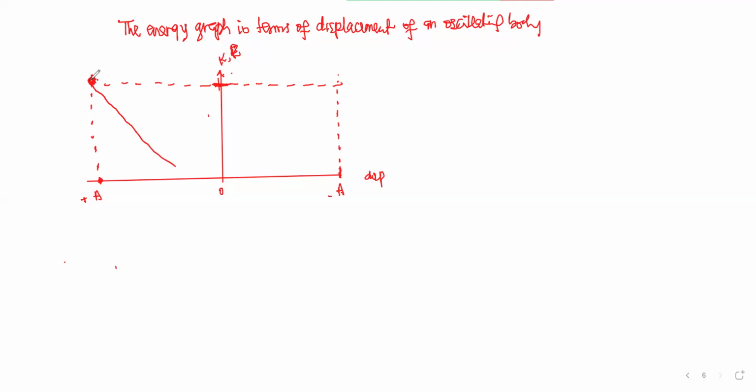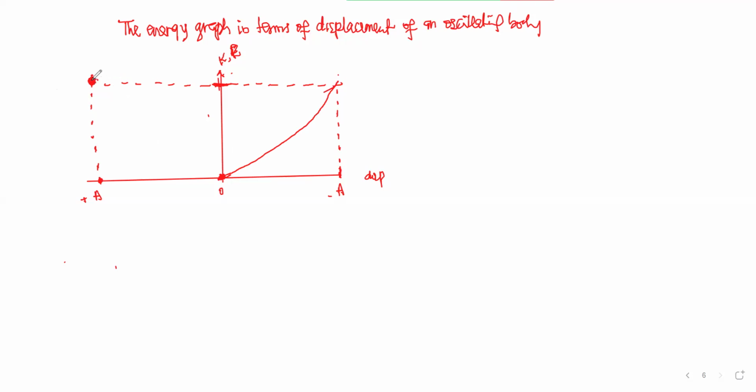By the time we cross the mean point, let me draw it from there. So PE is 0 at the mean point, and as we move to the extreme, it will be increasing. By the time we get to the extreme, it has increased to maximum.